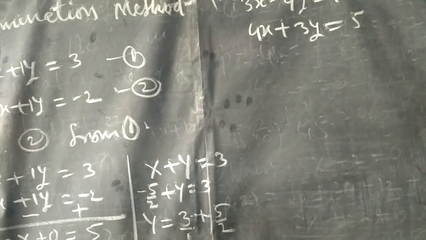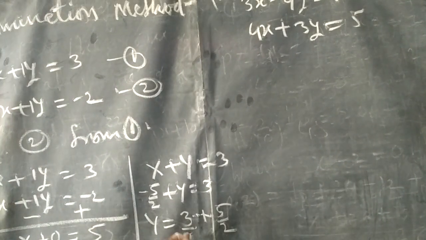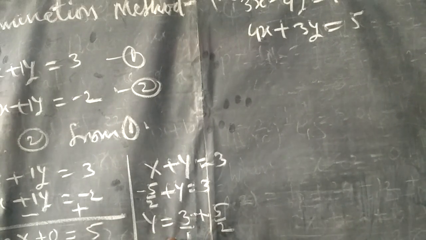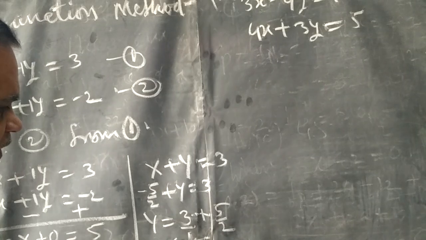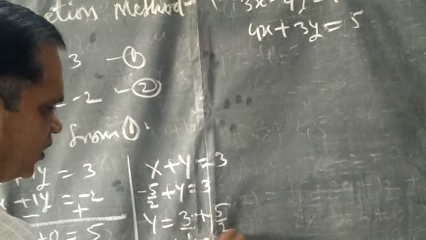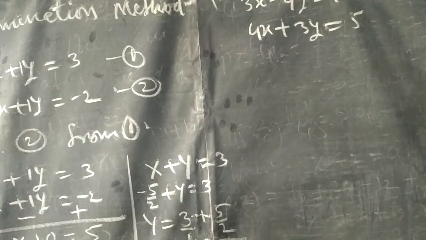Find the LCM. What is the LCM? 2. So multiply 1 by 2 and 2 by 1. So 2 threes are 6 and plus 5 equal to 11 upon 2. We got the value of y as 11 upon 2.